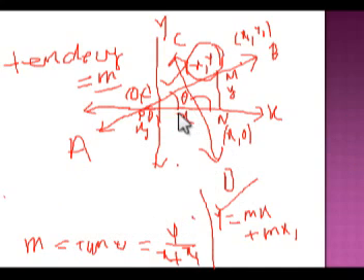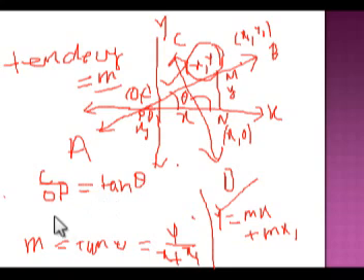Actually, C by OP is equal to tan theta, right? C by OP is equal to tan theta, and OP is the x1. So C is equal to x1 tan theta.